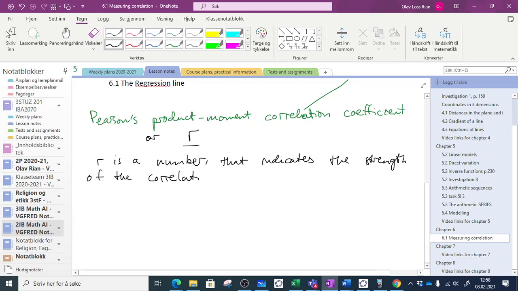Now this only applies to linear correlation. But if R is equal to -1, we have what we call perfect negative linear correlation.